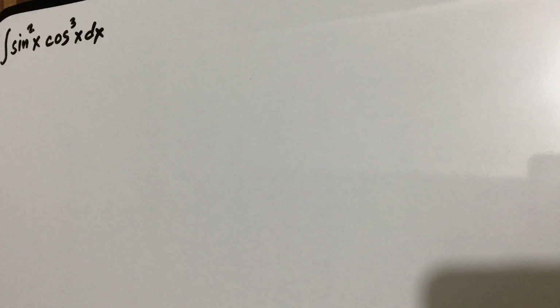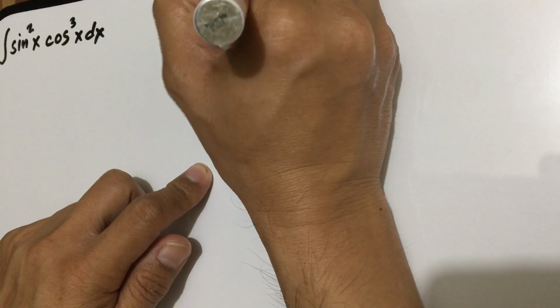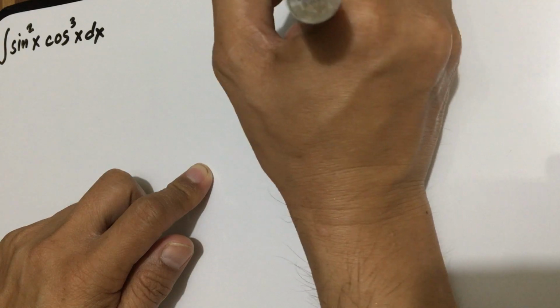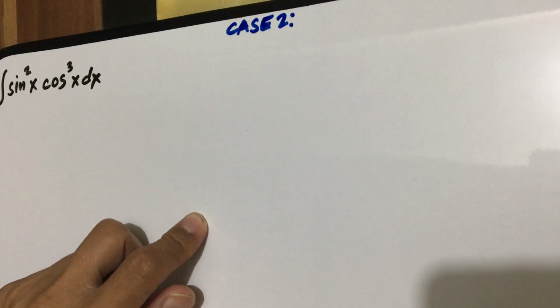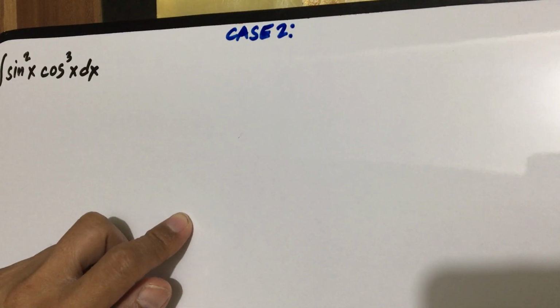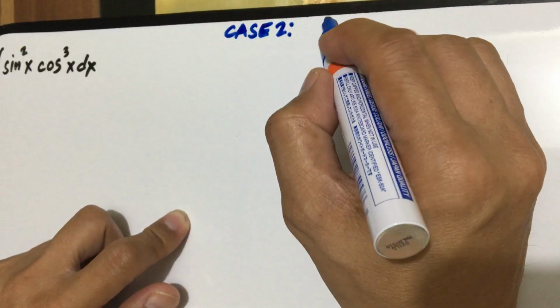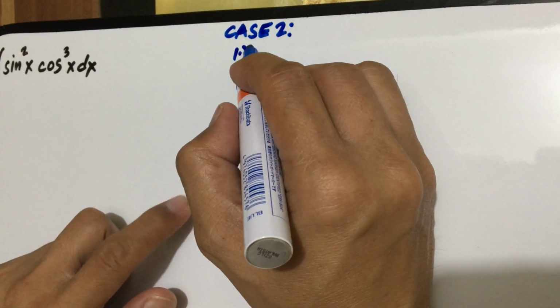So case 2 says that, take note in this class, for case 2, when n is odd, we have to follow this procedure.